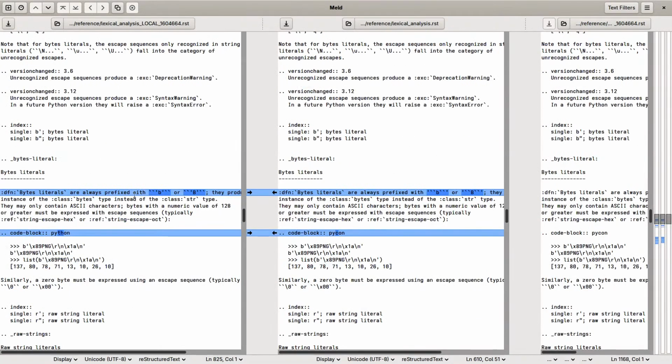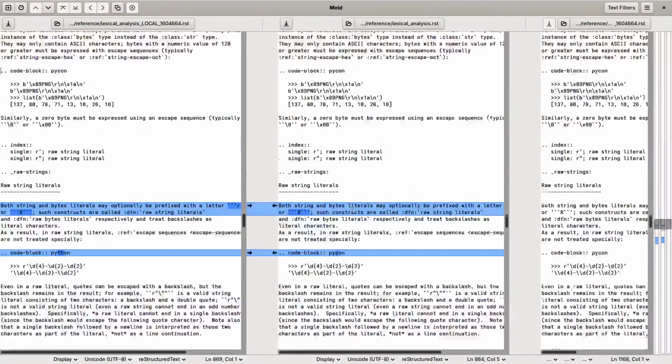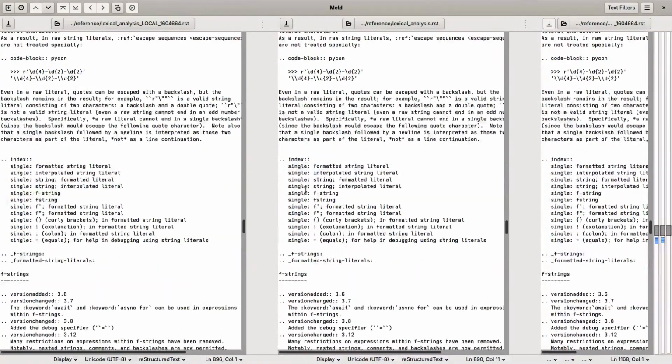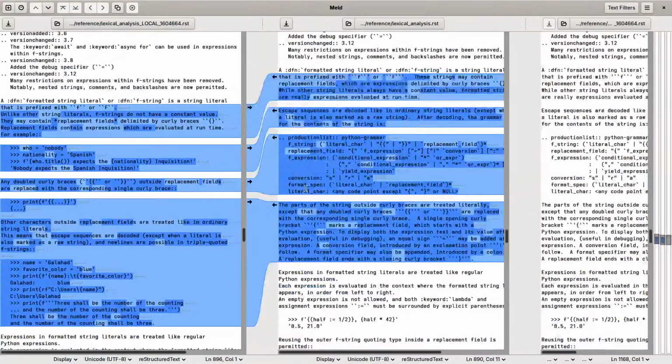So byte literals are prefixed like that. That's the correct version. It's a change rather than an add or delete, and you also get the interline changes.